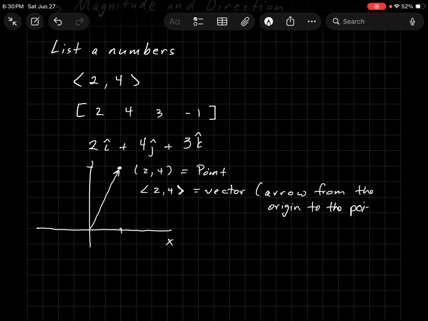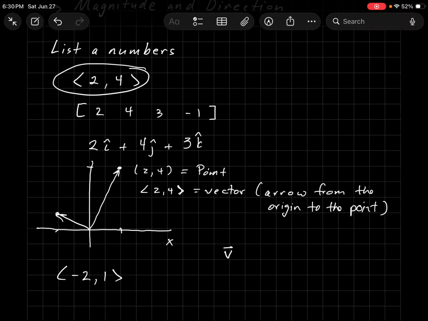Now, do all vectors start at the origin? The answer is no. But if I write a vector in this form, then it's assumed that we start at the origin. For example, if I wanted to draw the vector, say, -2, 1, then I'd find the point -2, 1, and draw a vector from the origin to that point. But I could also say a vector something like this, and I'll call it vector v.